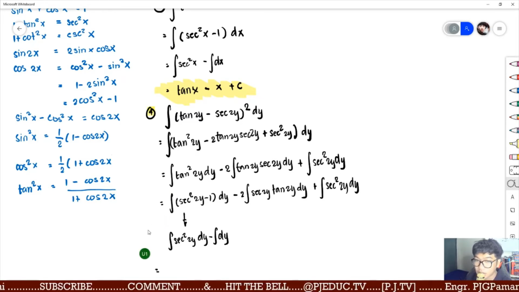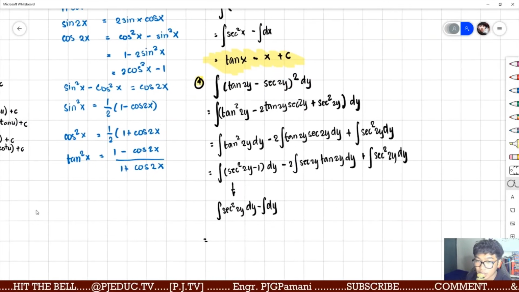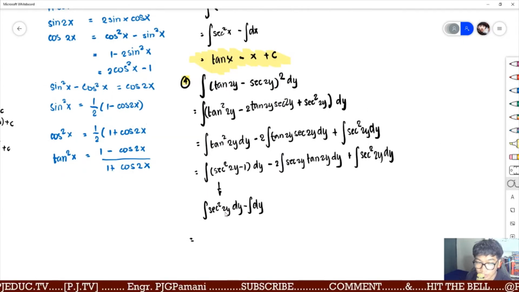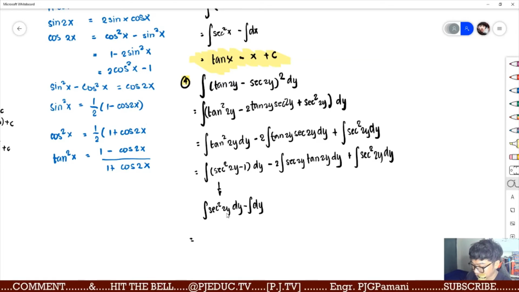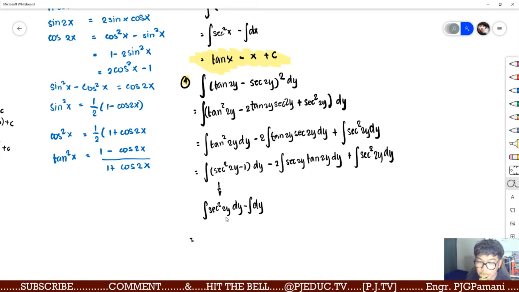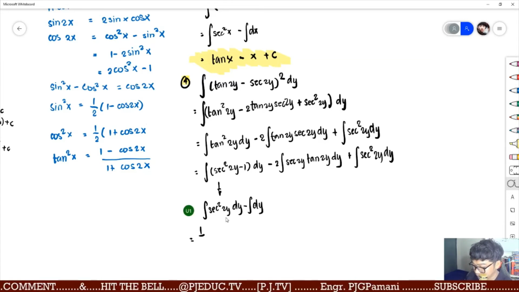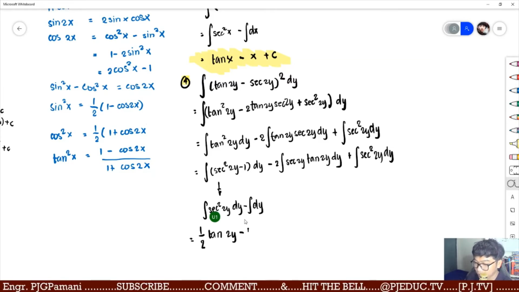The integral of secant squared is tangent, but we have a term 2y inside, so we introduce a correcting factor equal to what? One half. Then integrating secant squared gives tangent 2y, and the integral of dy is simply y.